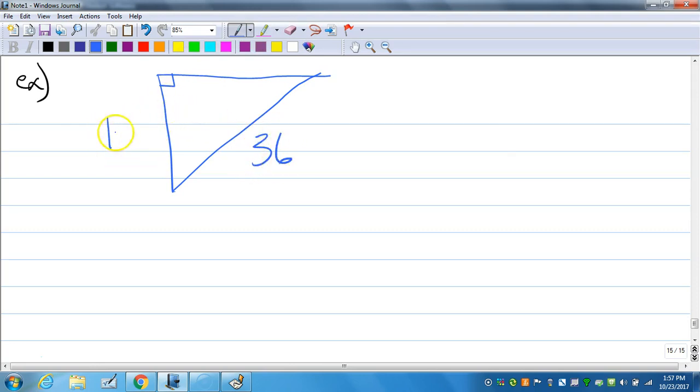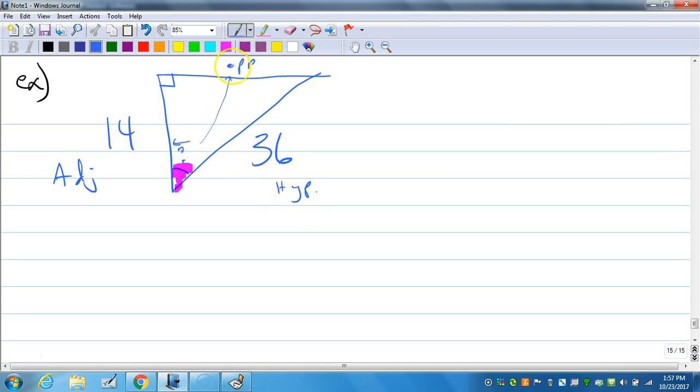Let's say this is 14. And we want to find this angle right here. Question mark. This angle right here. The 14 is right next to my angle. When it's right next to it, it is the adjacent. Across the 90 is my hypotenuse. And then the one far, far away is the opposite.